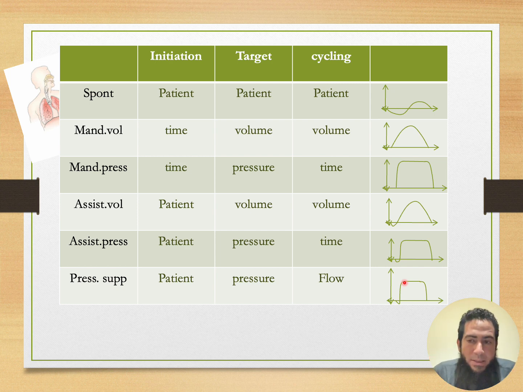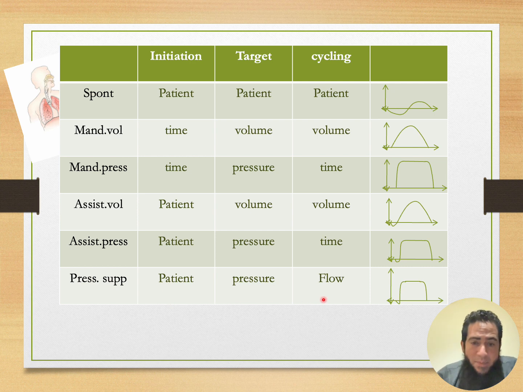Once the airflow comes down to about 25% of the initial flow, the machine will switch off the pressure immediately and start exhalation. It's a bit weird, but that's the difference between the pressure support and the assisted breath, which is pressure controlled.